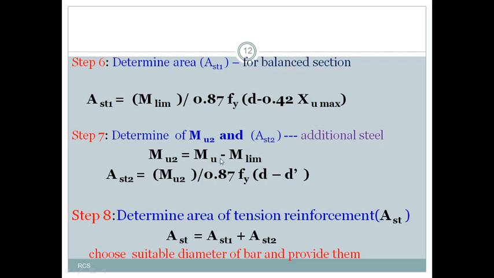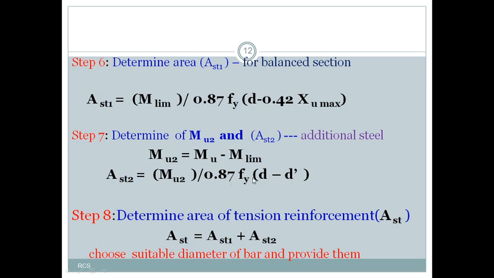If we deduct the limiting moment, we get the additional moment of resistance for section 2. And Ast2 corresponds to section 2, that is Mu2 divided by 0.87 Fy into (d minus d dash).